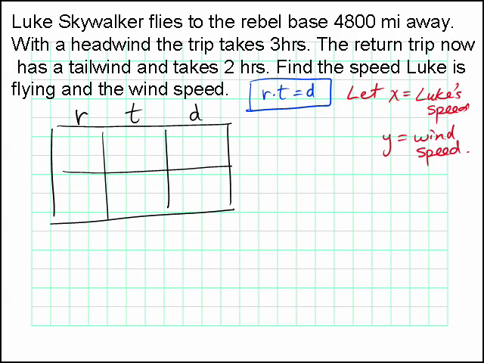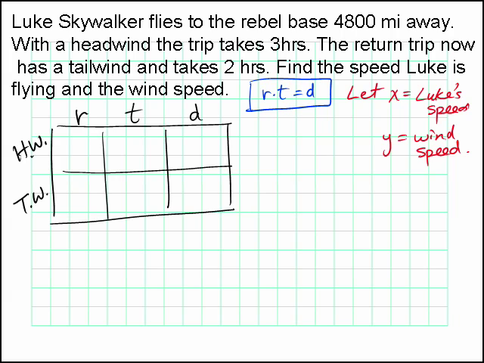So we have two things going on here. We've got the trip out and then the return trip. Let's do this, this would be better. The trip out is with the headwind, so let's write HW for headwind. And then the return trip has a tailwind, the tailwind trip.